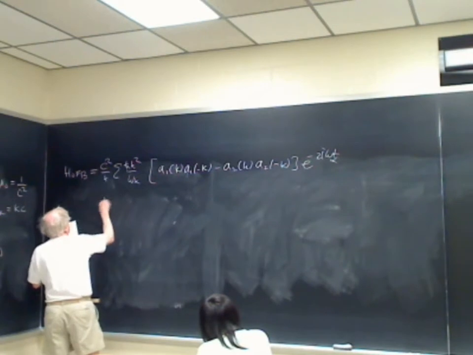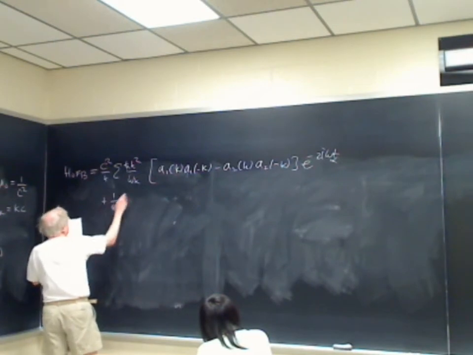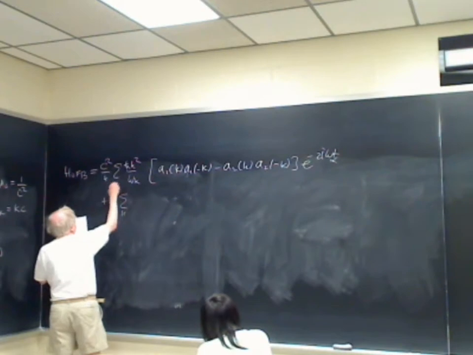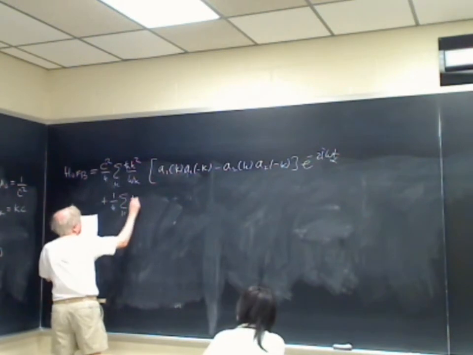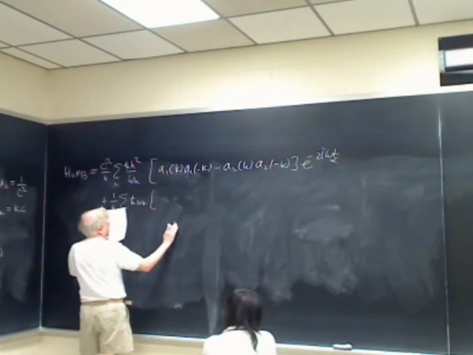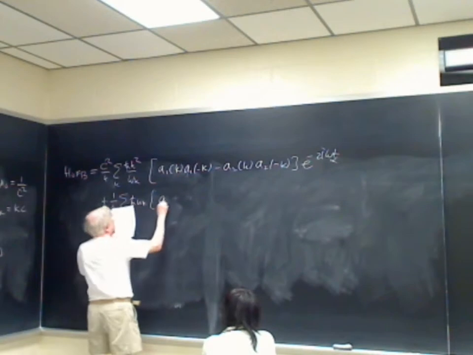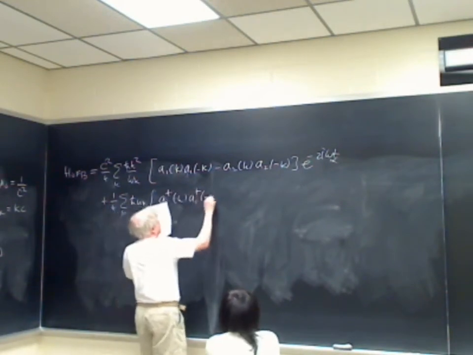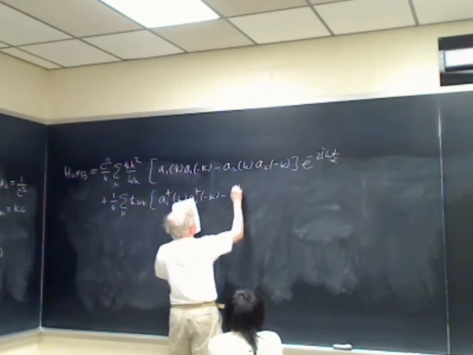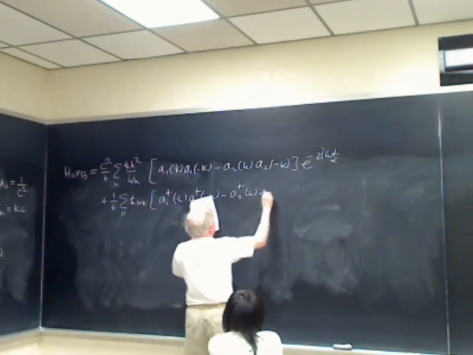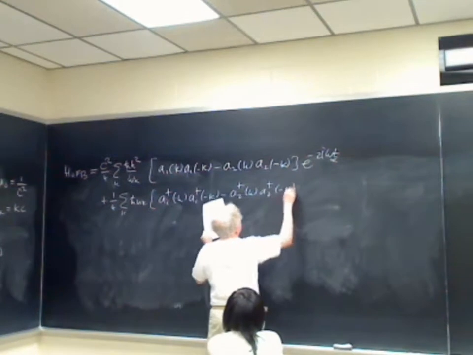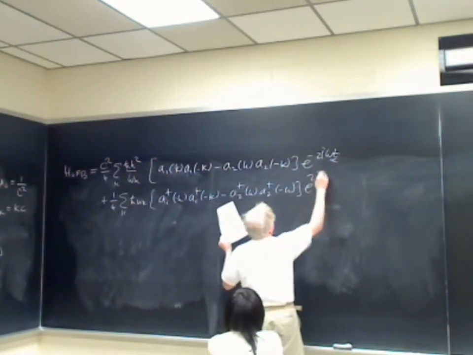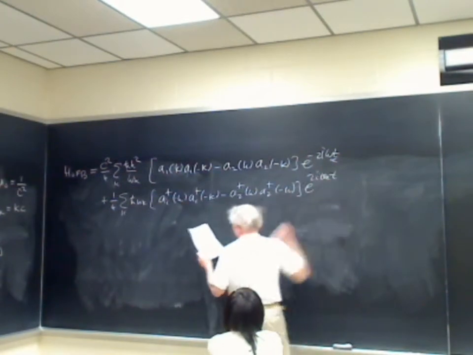And if we take advantage of that relation, we get a quarter sum on k of h bar omega k. And now this is a1 dagger of k, a1 dagger of minus k, minus a2 dagger of k, a2 dagger of minus k, e to 2i omega kt.